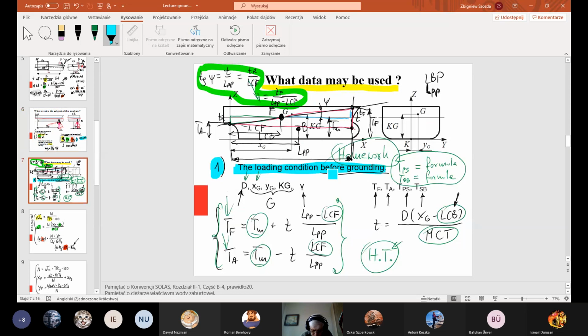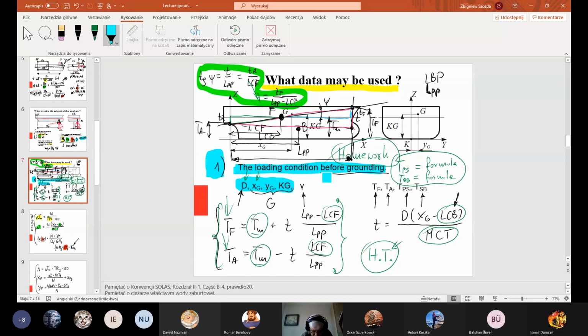And we concluded that if we know the loading condition, we know it in terms of four numbers: displacement of freely floating vessel and position of the center of gravity, three ordinates.